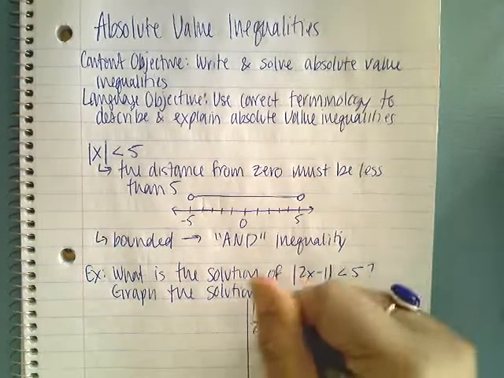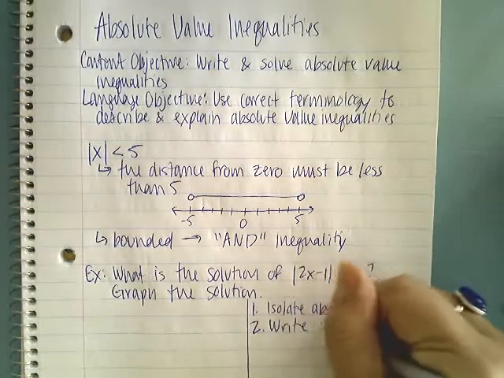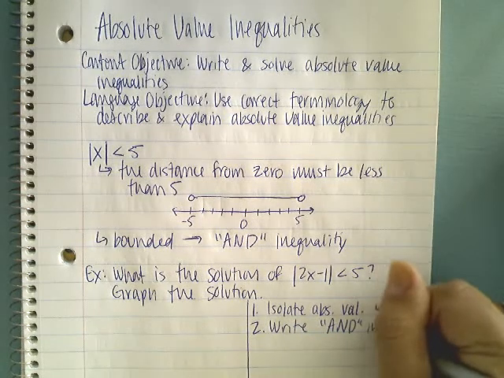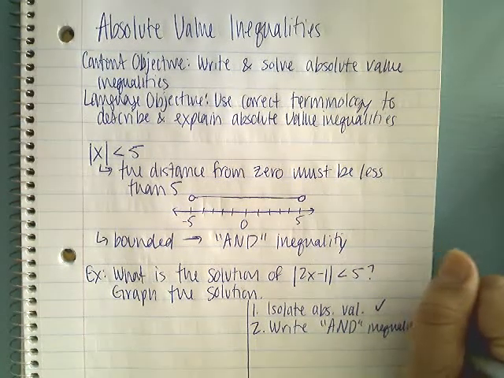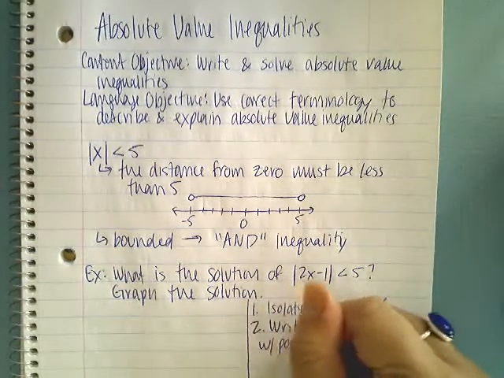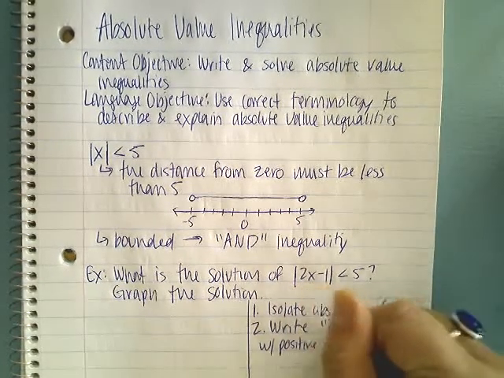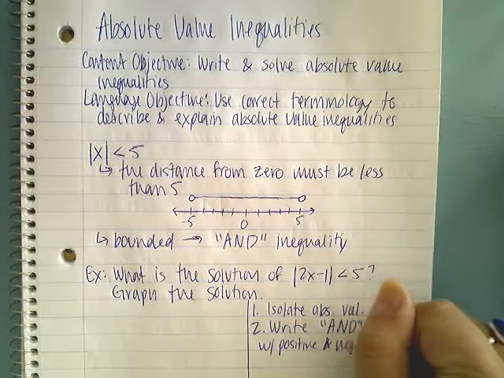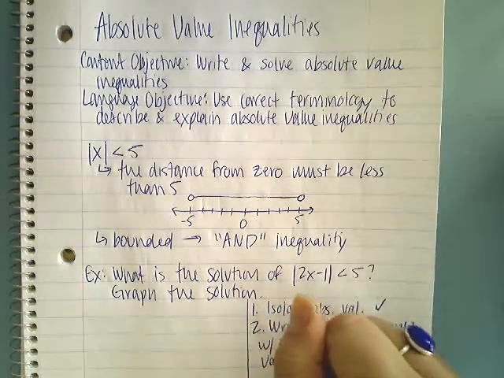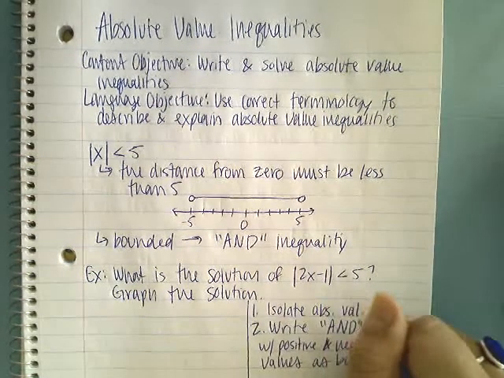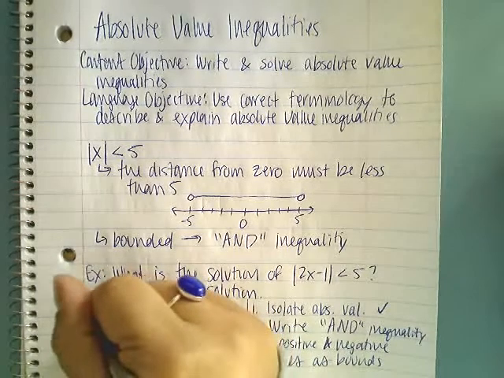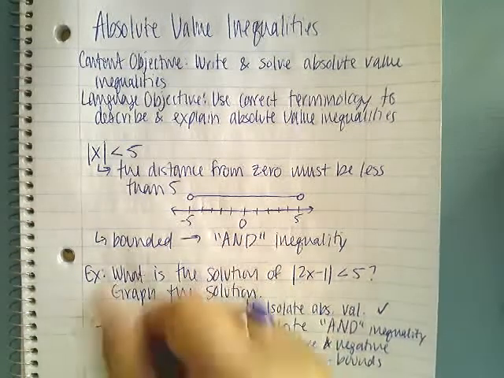So I'm going to go on to step 2 and write an and inequality with the positive and negative values as bounds. What I mean by values, since I know the distance is going to be less than 5, I know my lower bound is going to be -5, as we talked about up here.